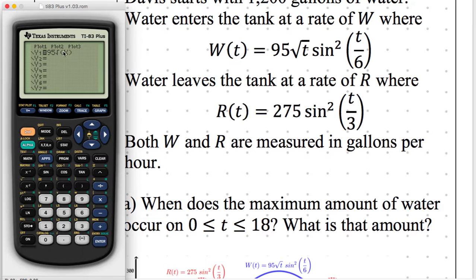So 95 times square root of x is going to be times sine of t over 6, so x divided by 6, and that thing squared. All right, and then y2 is going to be 275 times sine of x divided by 3, all of that thing squared.